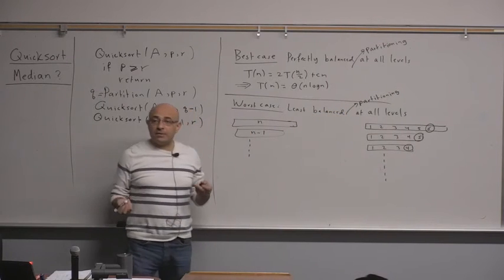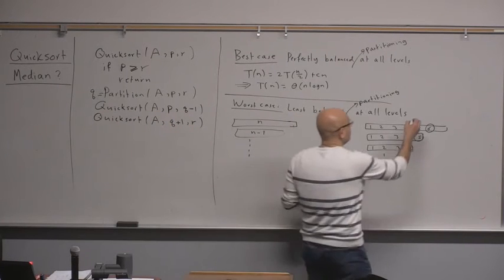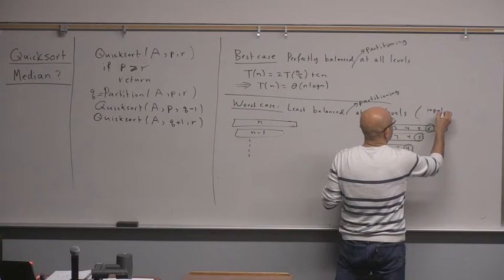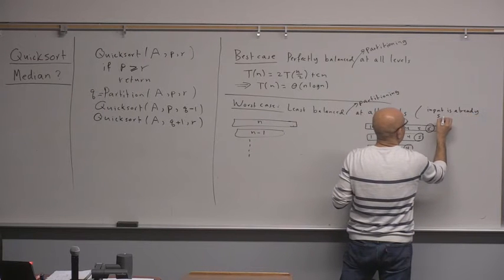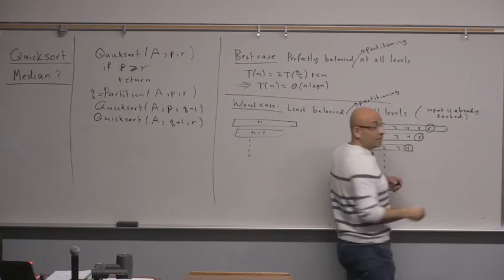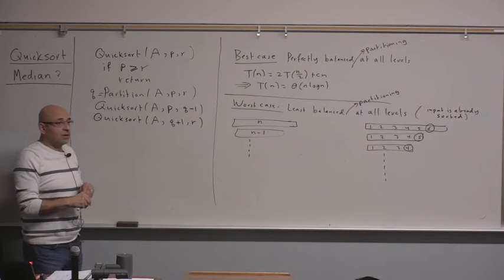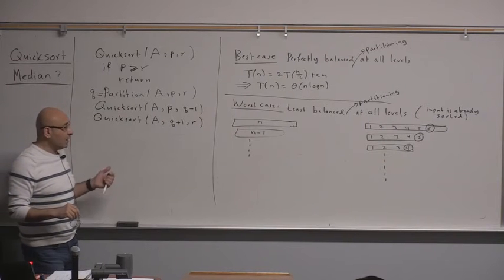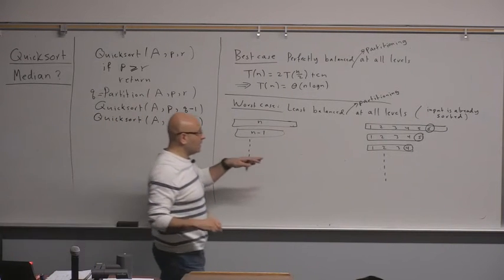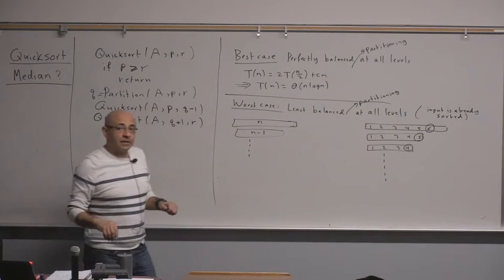So if the input is already sorted, we will get this. Okay, so sorted input will not always be a best case in a sorting algorithm. So this is an example of a sorting algorithm where sorted input is the worst case.